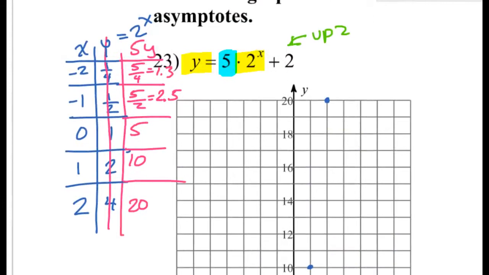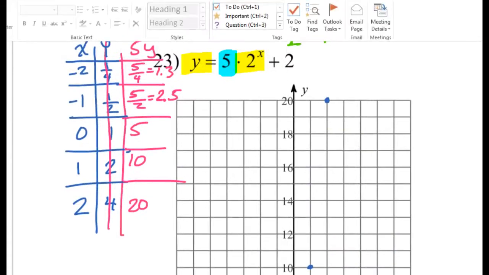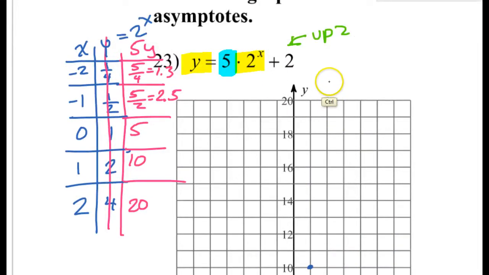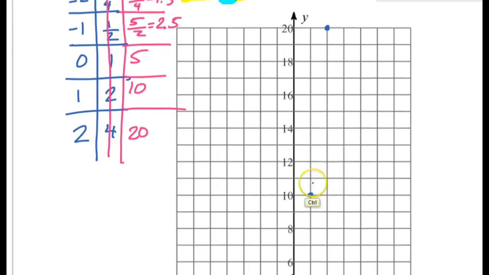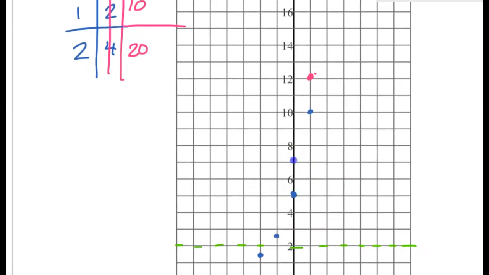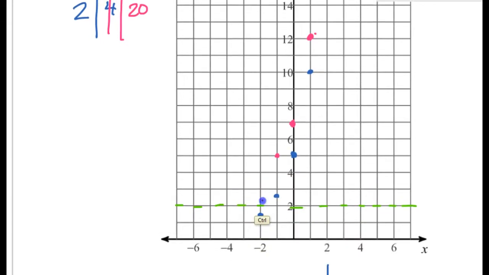All right, and you should graph that as a dotted line like I did. So I'll just move everything up 2. Even though this one is off the graph, I'm just going to estimate as best I can. And up 2, up 2, up 2, and up 2.